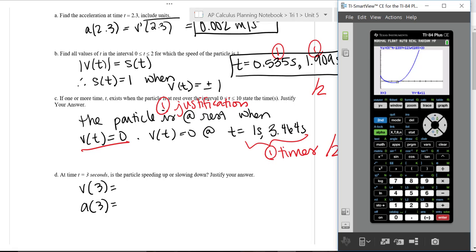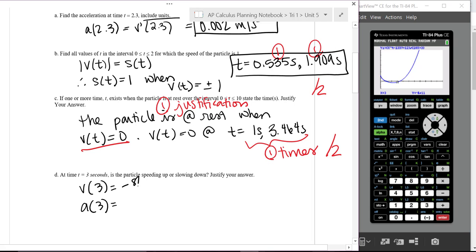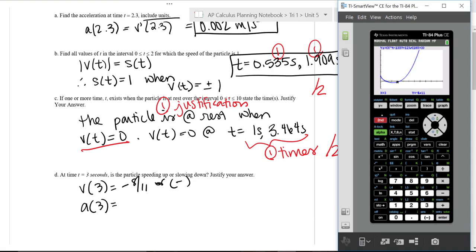So you can write the number, but because it doesn't ask, you can just say it's negative, I can just note that the sign is negative at that point. Let's also grab that derivative. So same menu, use that dy over dx. And it's saying that when x equals 3, the derivative is positive 1.12.